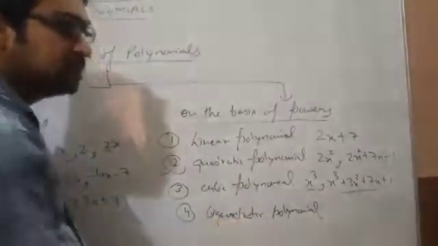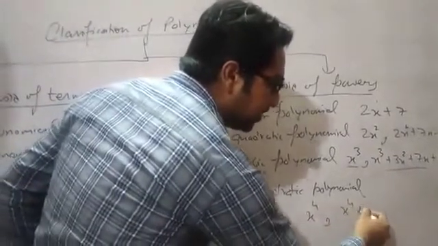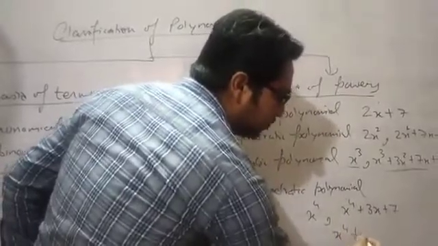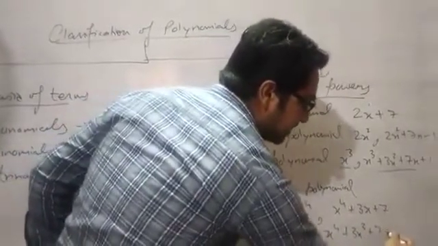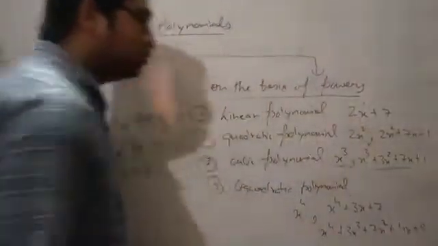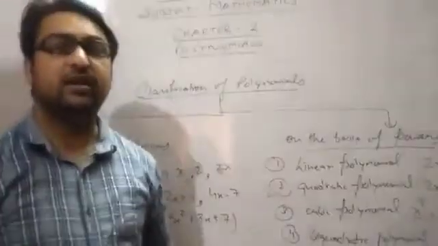Biquadratic polynomials are those polynomials having degree 4, like x raised to the power 4, or x raised to the power 4 plus 3x plus 7, or x raised to the power 4 plus 3x cube plus 7x square plus 4x plus 9. ठीक, so these types of polynomials are called biquadratic polynomials having degree 4.